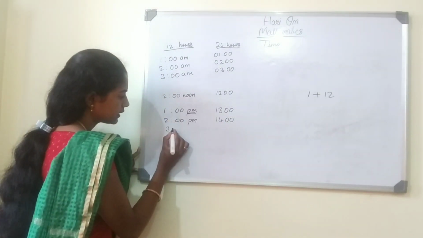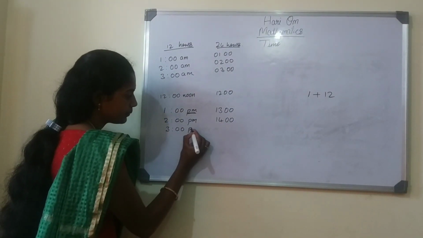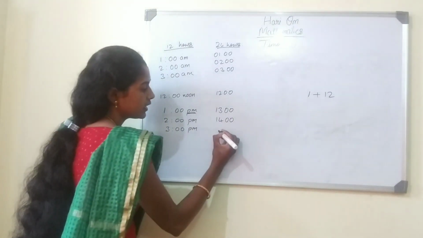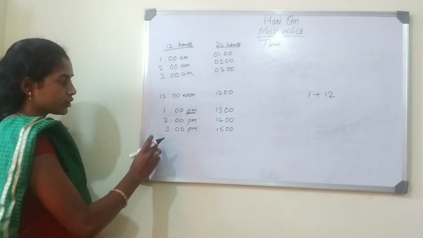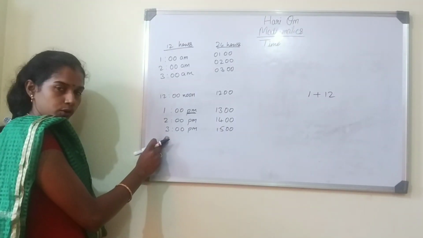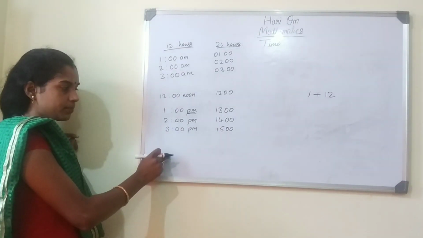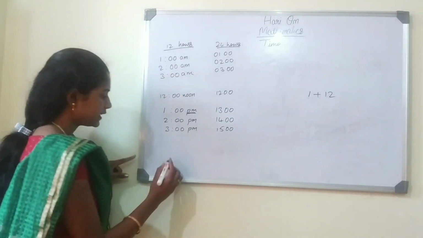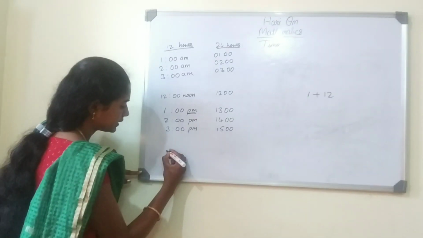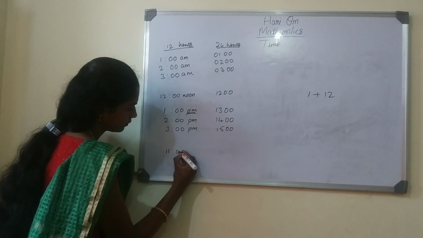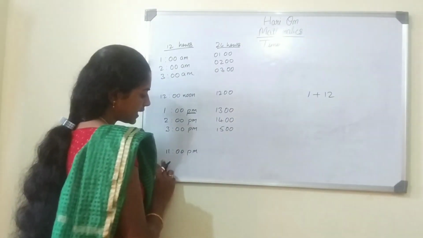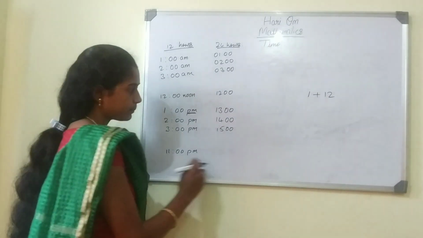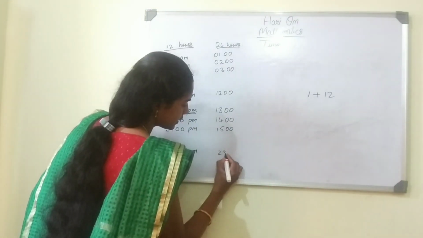If it is 3 PM, 3 plus 12 will be 15 hours. Understood, children? So it continues the same. So 4 PM, 4 plus 12. 5 PM, 5 plus 12. If it is 11 PM, so it will be 11 plus 12. 11 plus 12 is 23.